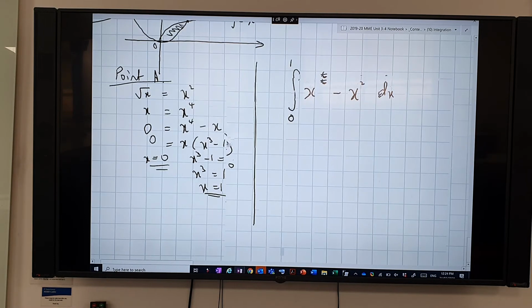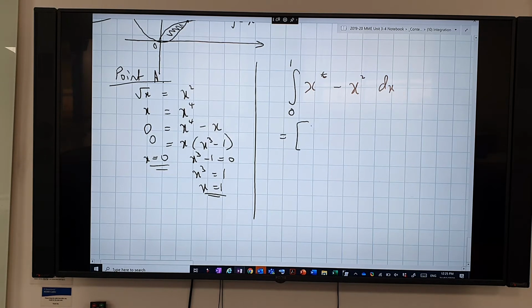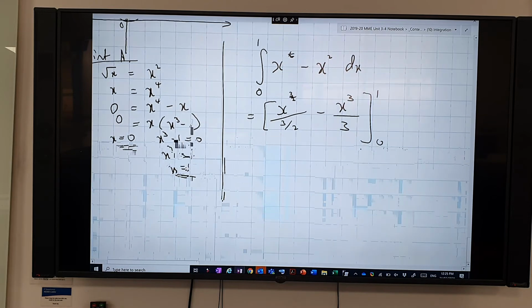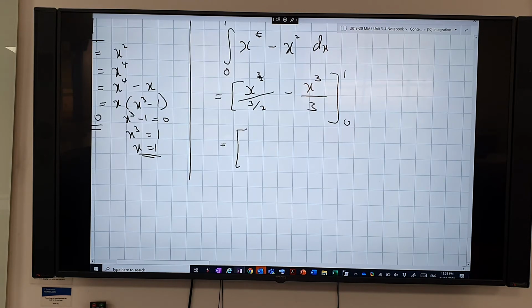You then do equals, raise the power by 1, so it's 3 over 2, divide by the new power. Raise the power by 1, divide by the new power. This is just practice, practice, practice. Divided by 3 over 2 is times it by 2 over 3. So we've got that.